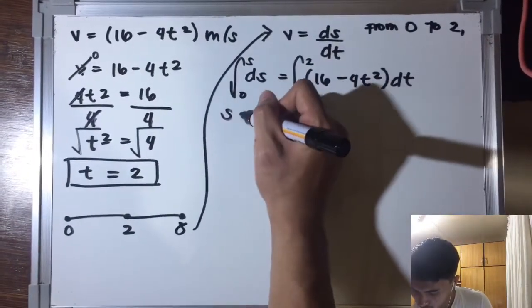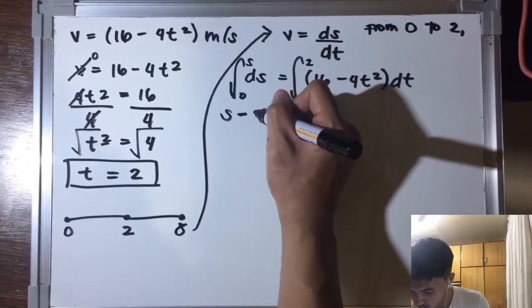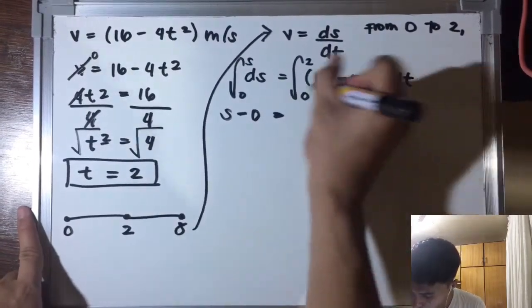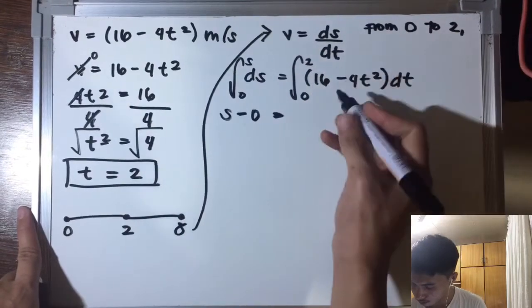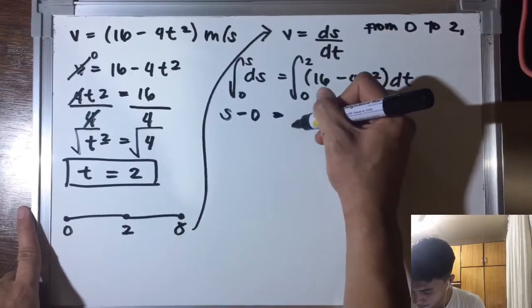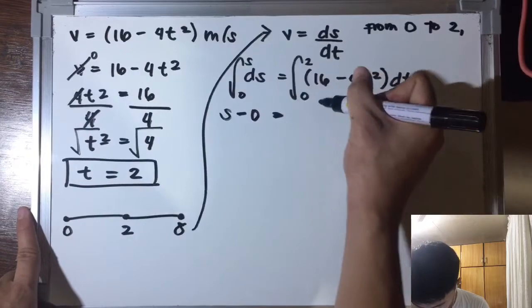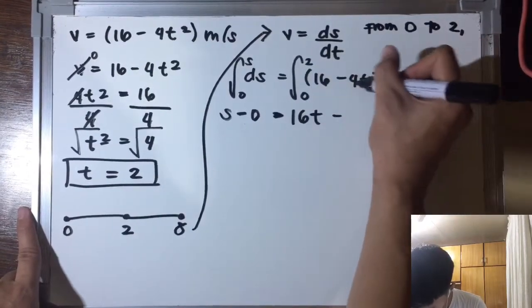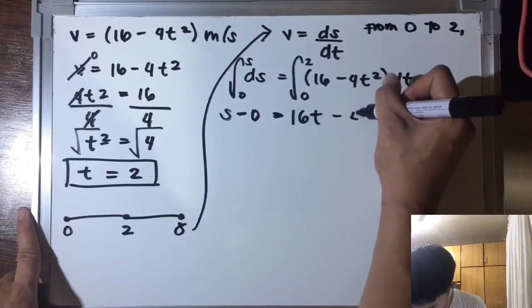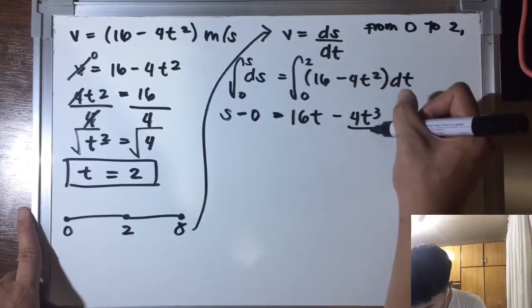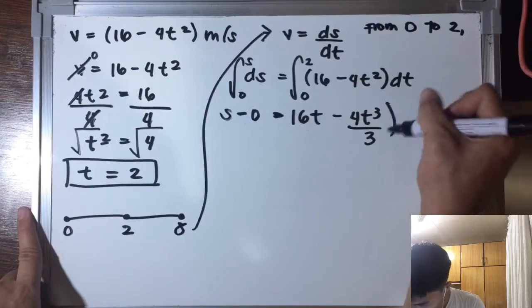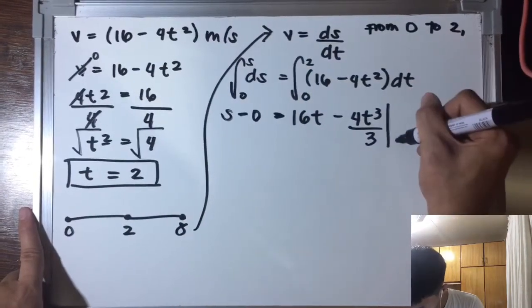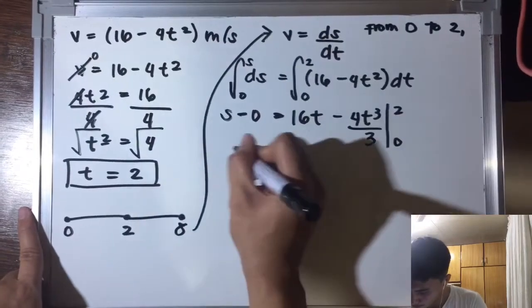The integral of ds is s minus 0, and for this one, we are going to integrate first the value of 16, which is 16t, minus the integral of 4t squared, that will give us 4t cubed over 3, limited to 0 to 2.